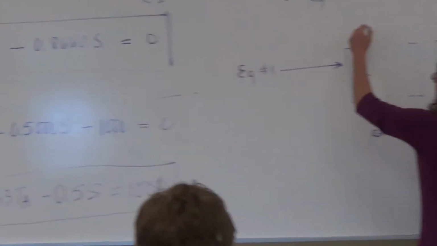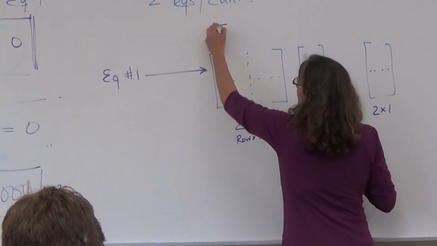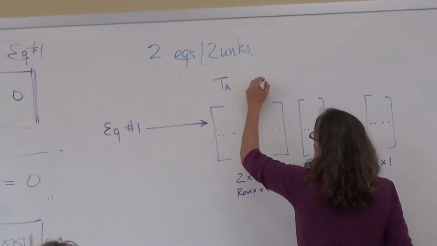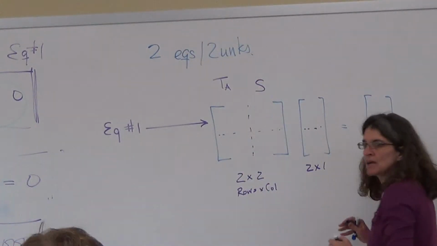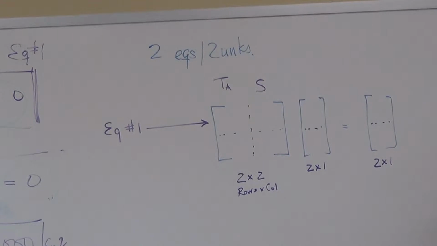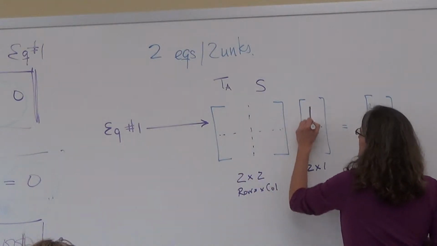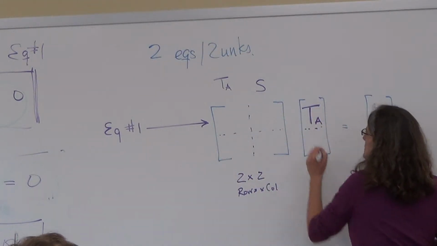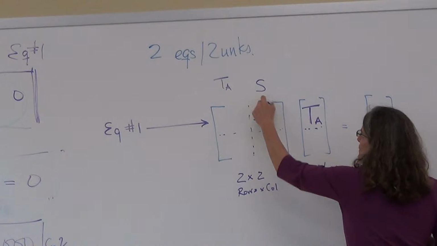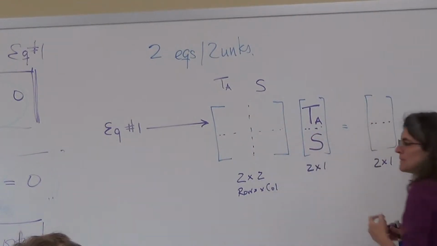The first column represents one of the variables, and the second column represents the second variable. Since the first variable is TA, this right in here is called TA. If the second variable is S, S goes right here.